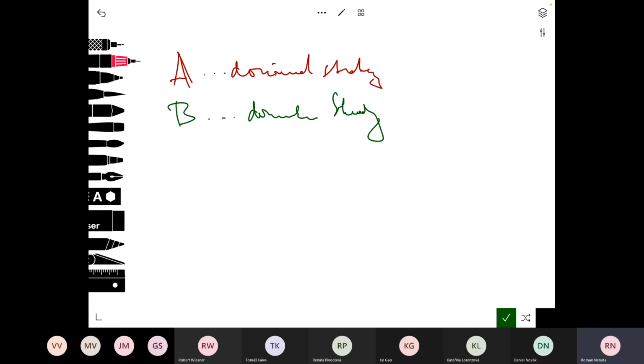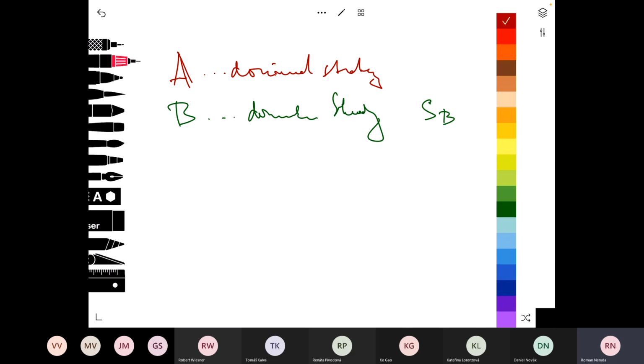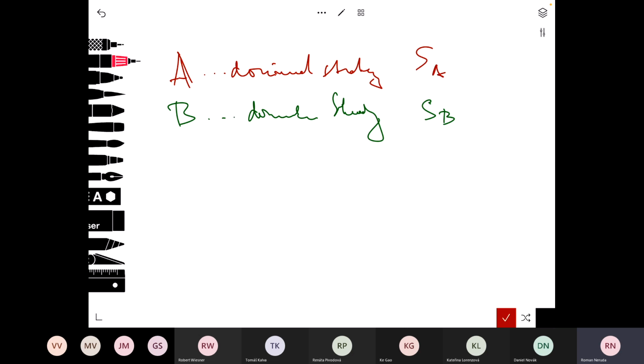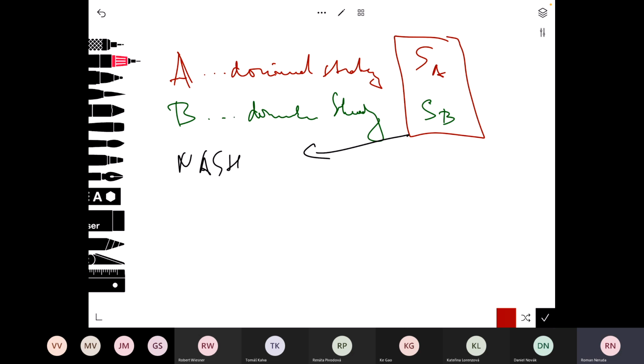So this is the dominant strategy for B, and this is the dominant strategy for A for all those agents. And so this pair is called Nash equilibrium. So strategies are said to be in a Nash equilibrium when they are the best against each other, right?